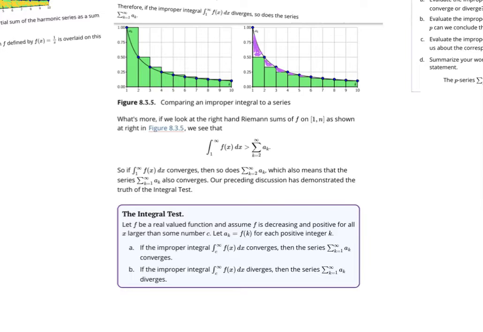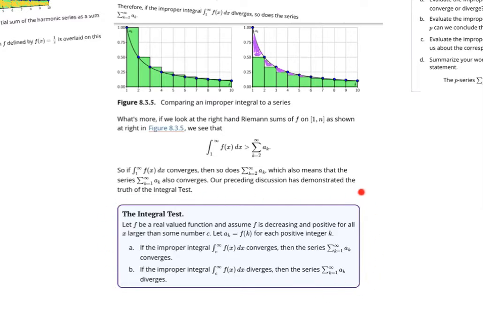So if we know that the improper integral converges, meaning this area under the curve as we go out forever and ever to the right is a finite area, then something less than that will also end up being finite in the limit.